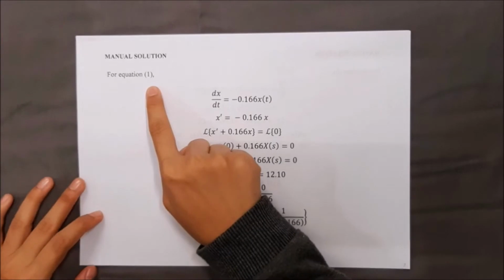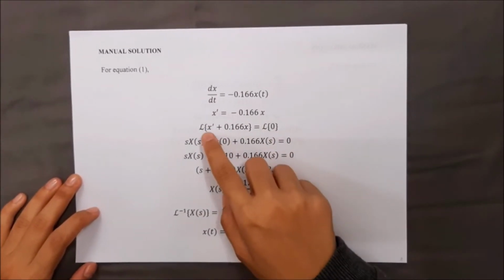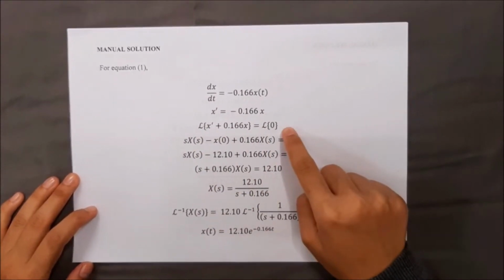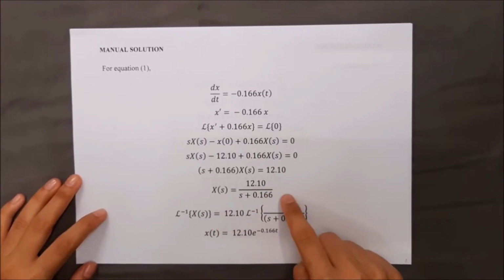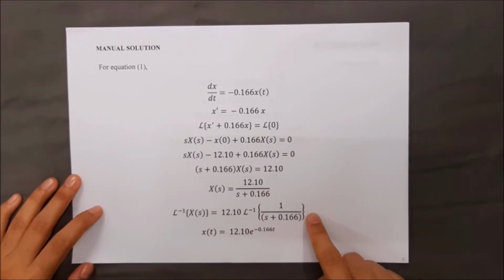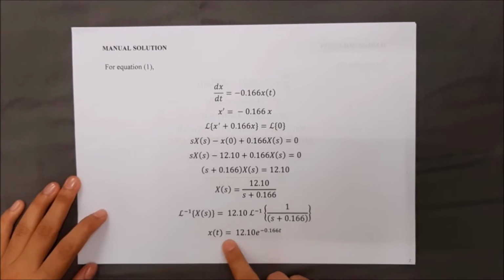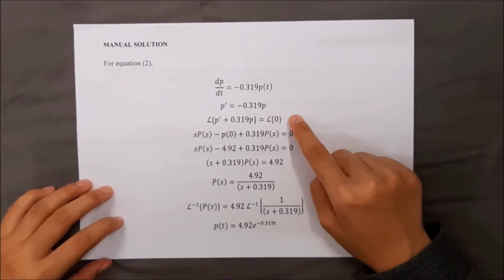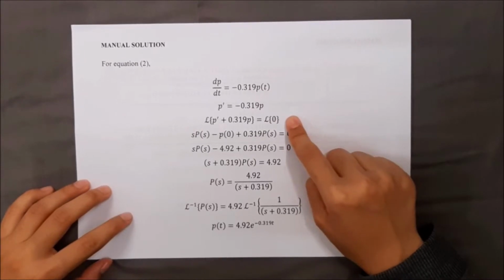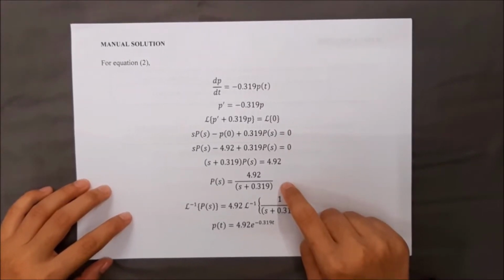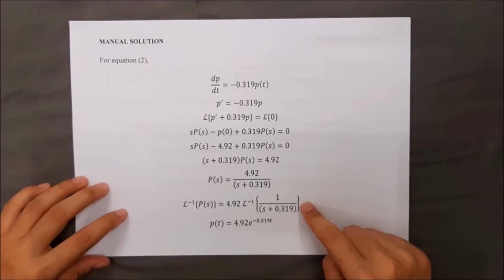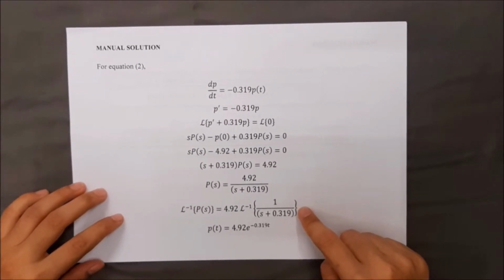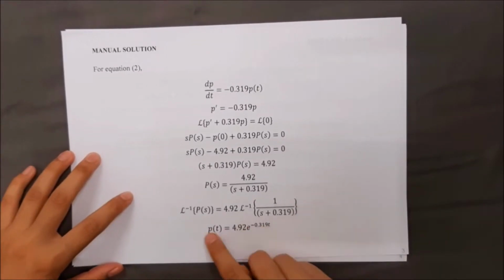For equation 1, first perform Laplace on both sides. Make X(s) the subject, perform inverse Laplace. Then we get x(t). For equation 2, first perform Laplace on both sides, then make P(s) the subject, inverse Laplace on both sides, then we get p(t).